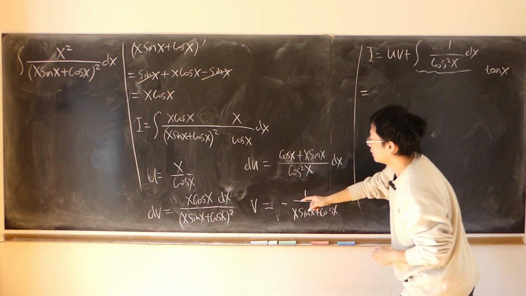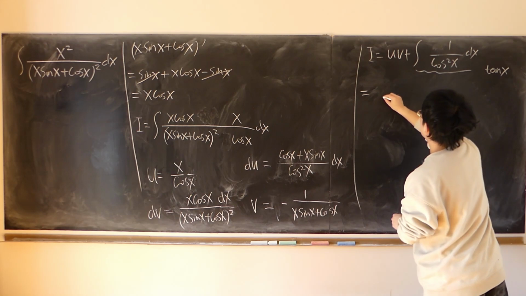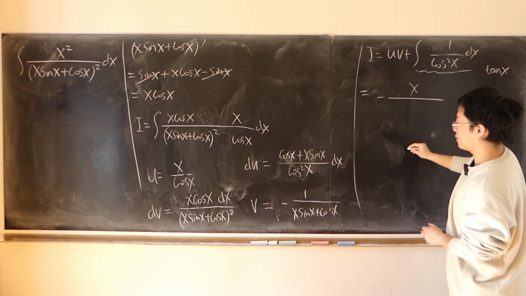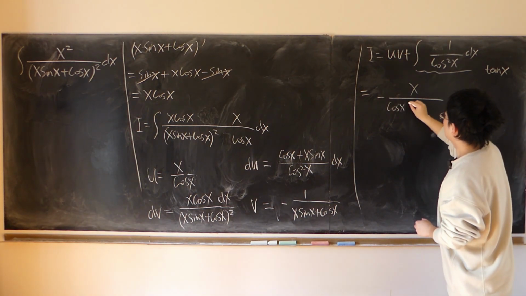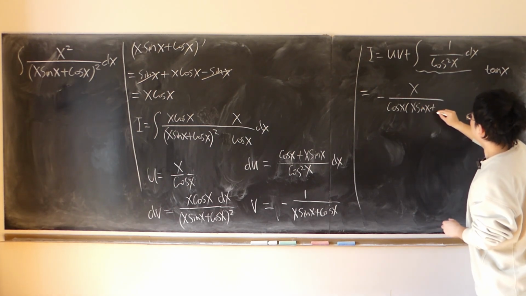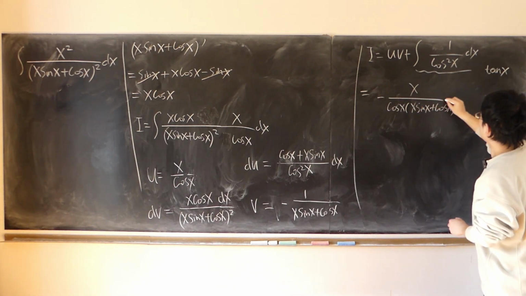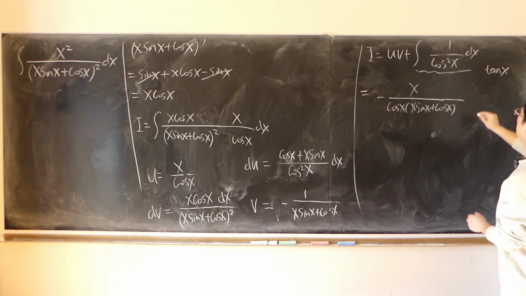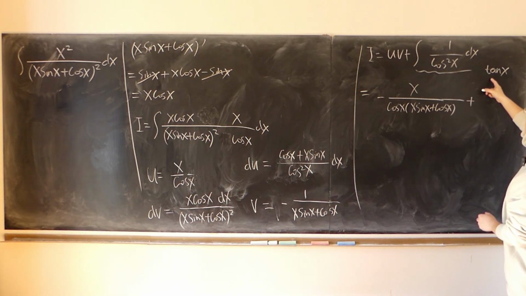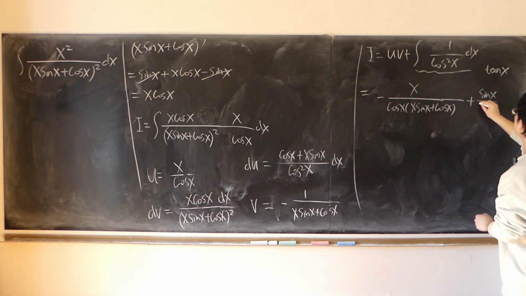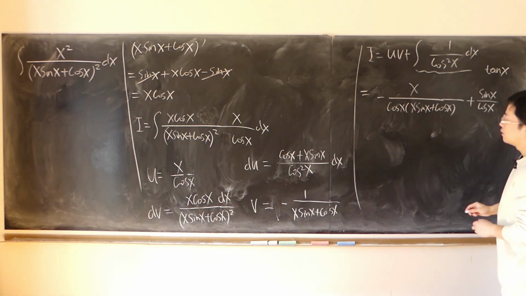So uv is negative x over cosine x times (x sine x plus cosine x), plus tangent x, plus c. Tangent x is sine x over cosine x. But first, let me simplify.